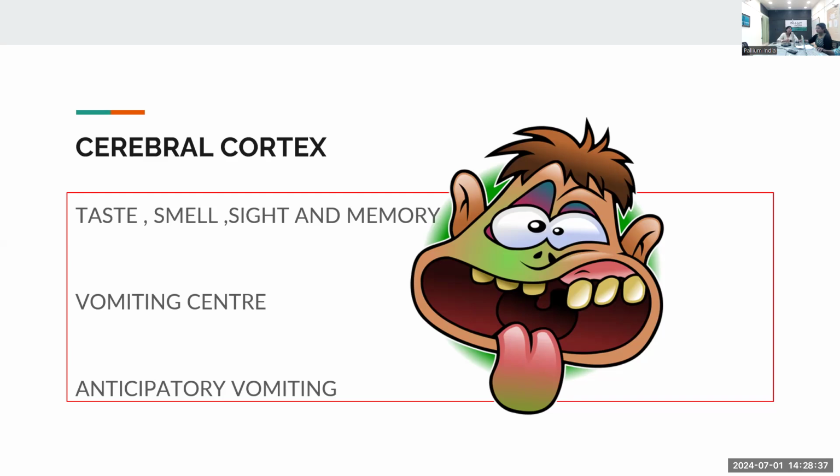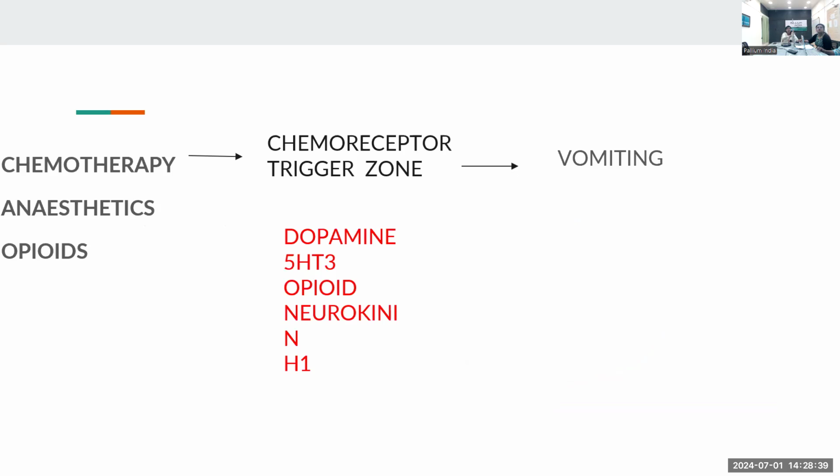Okay. Next one. So, in short, when a patient is getting chemotherapy or anesthetic drugs or opioids, it can stimulate the chemoreceptor trigger zone, where they have a lot of receptors like dopamine, 5-HT3, mu receptor, neurokinin, and histamine. So we can block these many things and we can prevent vomiting.